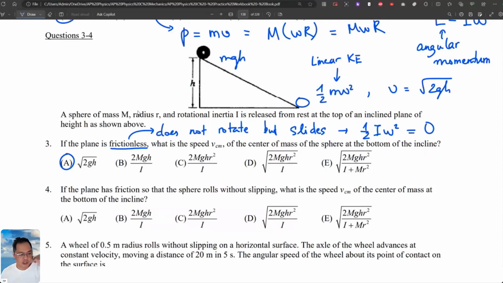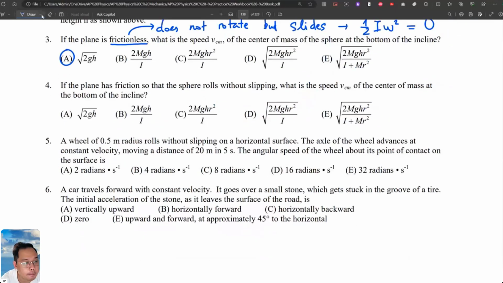Question 4. If the plane has friction so that the sphere rolls without slipping, what is the speed of the center of mass at the bottom of the incline? Typical question. For this kind of question, we did a similar question last time. mgh, potential energy, equal to 1/2 mv squared, the linear kinetic energy, plus 1/2 I omega squared, the rotational kinetic energy.